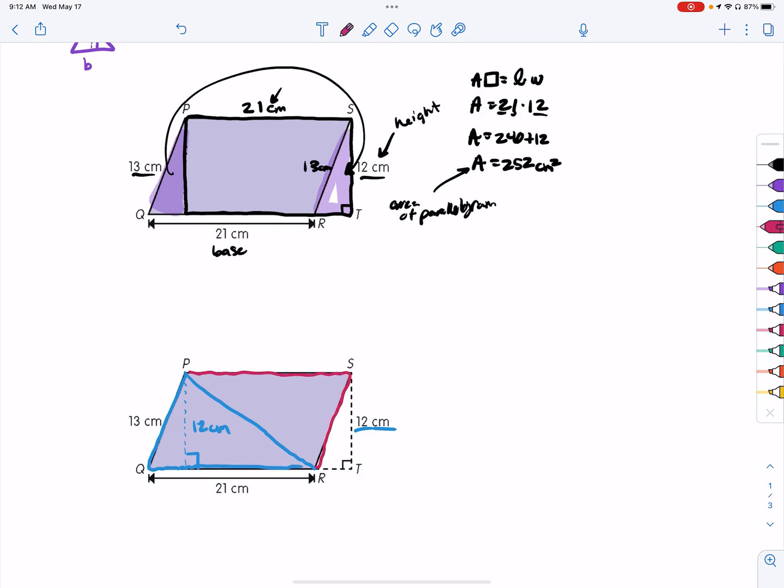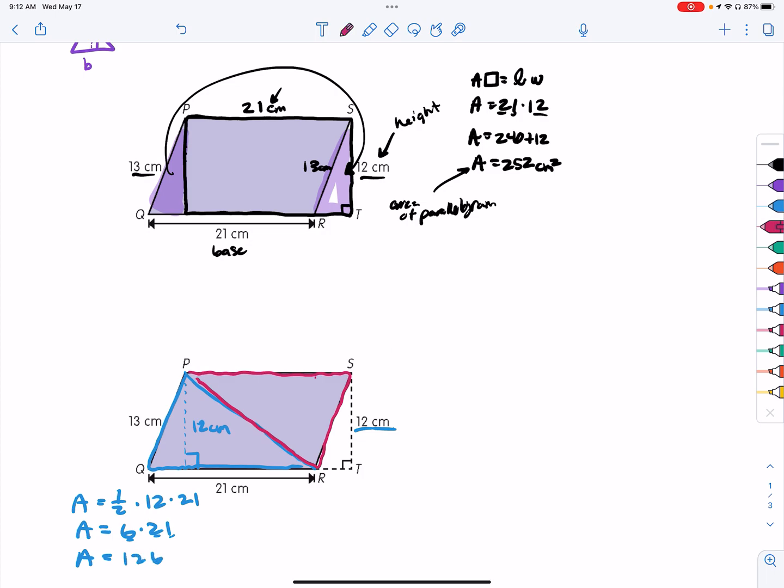And then we should be able to add those areas together. So in blue, we have a base of 21. So we have 1/2 times a height of 12. I'm going to put my 12 first because it's even, and that will make it easier for me to multiply. So our area is 6 times 21. Our area is 6 times 20 is 120, plus 6 is 126.